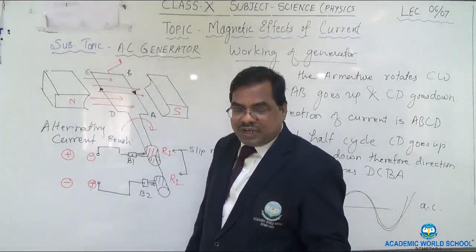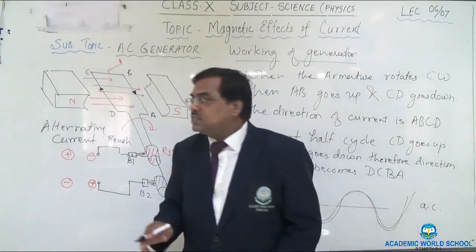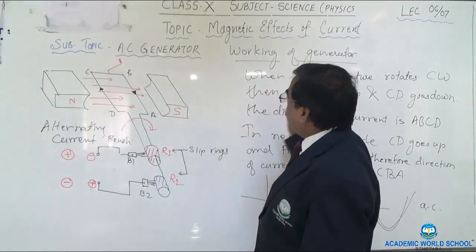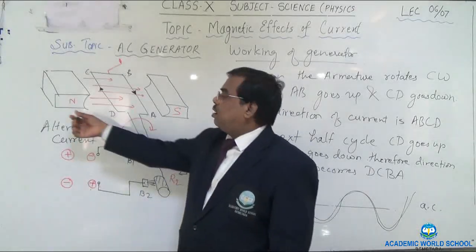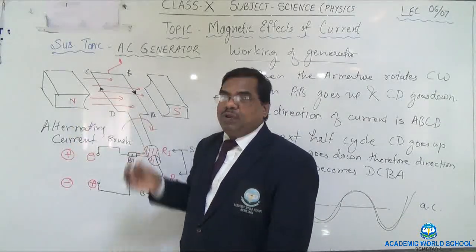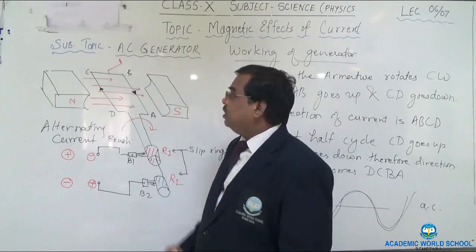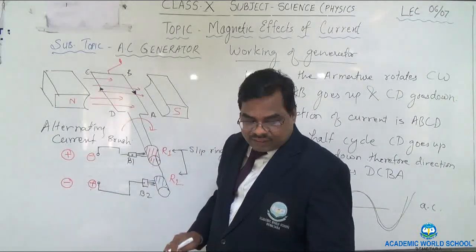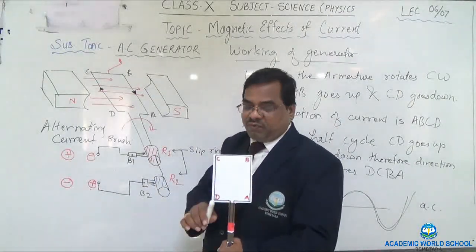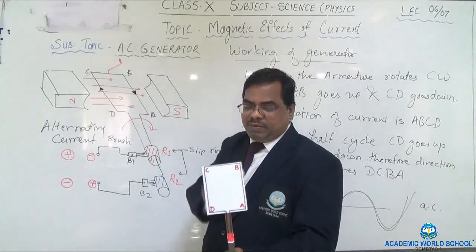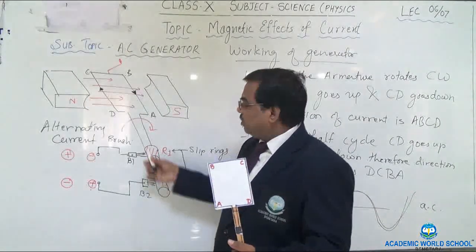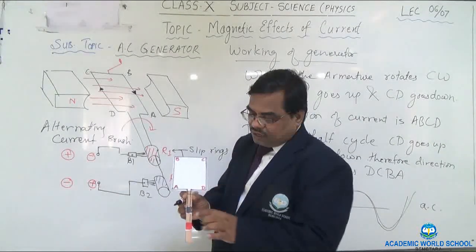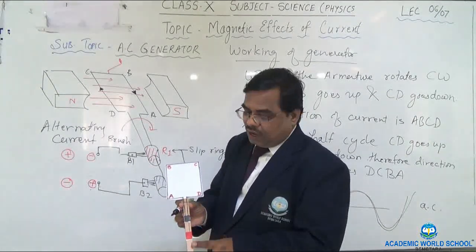I will recapitulate this whole thing again. In a generator, the main parts are a magnet pair that will produce a strong magnetic field. Then there is an armature like this. The armature will have 4 corners, you can say A, B, C, D, and the two ends are connected with rings R1 and R2.